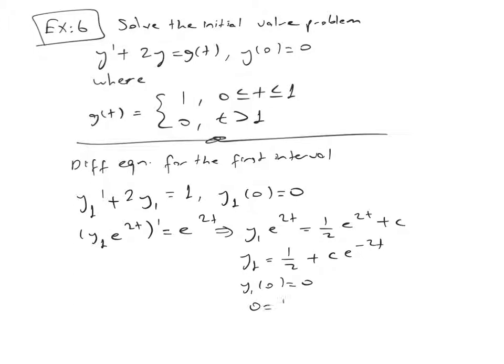So 0 is equal to 1 over 2 plus c, and from here the constant c is equal to minus 1 over 2. So y1 is equal to 1 over 2 minus 1 over 2 times e to the minus 2t, where t is between 0 and 1.